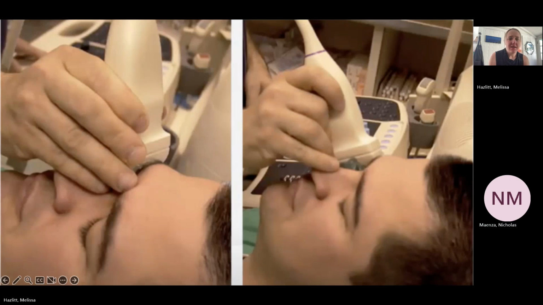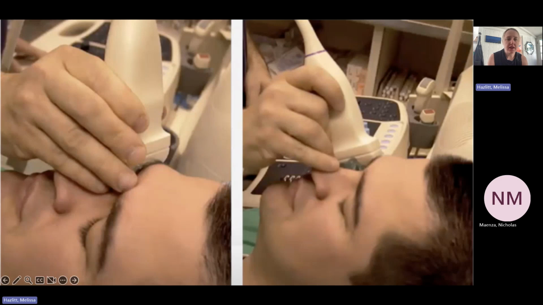Yeah. Reminder that you want to get both the sagittal and the transverse plane, and that you can improve your views by having your patient look up or down or left or right, especially if you're in the sagittal plane, having them look up and down, and then left and right if you're in the transverse, will help improve your views, especially when you're trying to find the optic nerve and the optic disc.